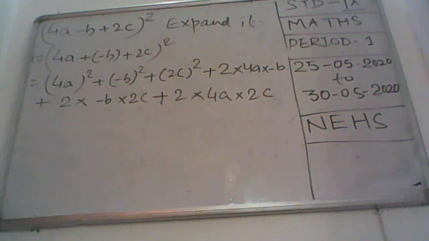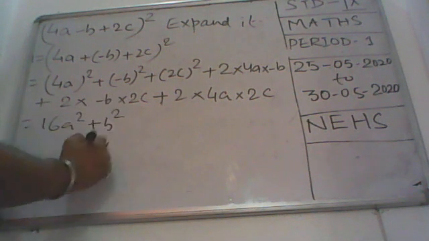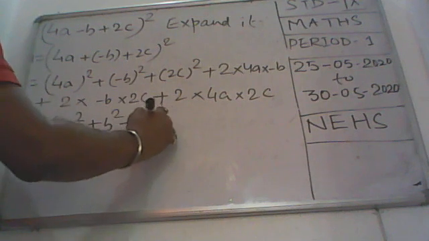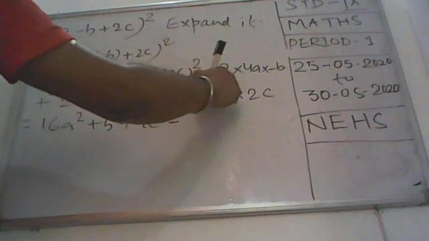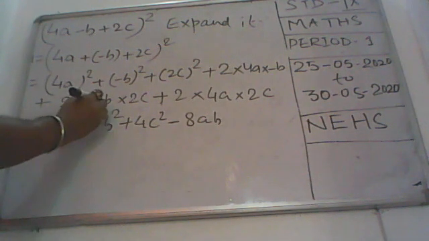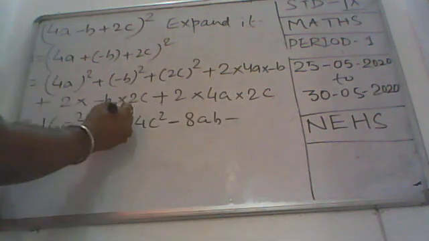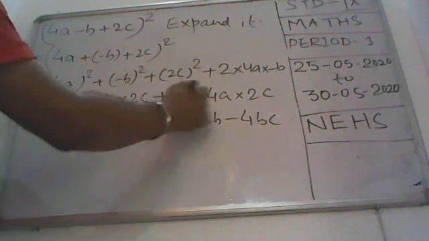So this will become 16a square plus b square plus 4c square. Now this is minus here, minus plus minus, 2 into 4, 8ab. Then b into c, 2 into 2, so minus 4bc, and plus everywhere plus only.